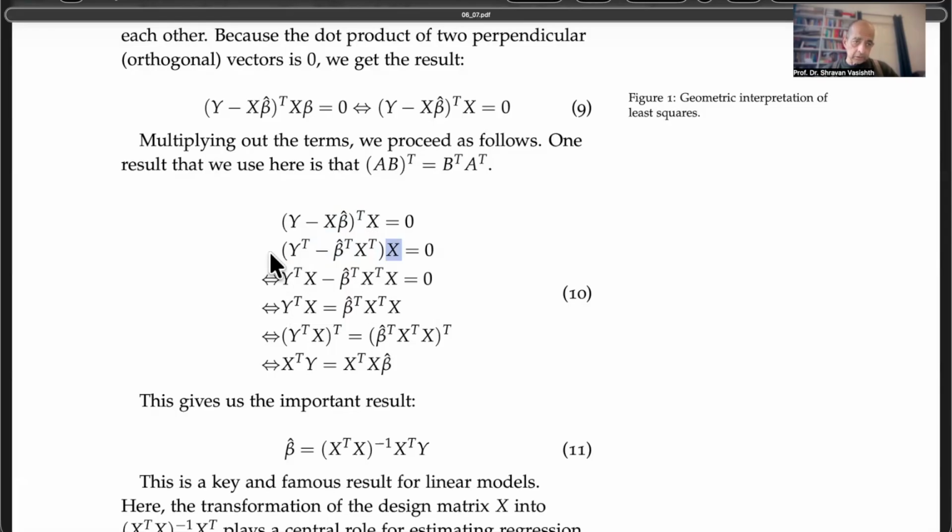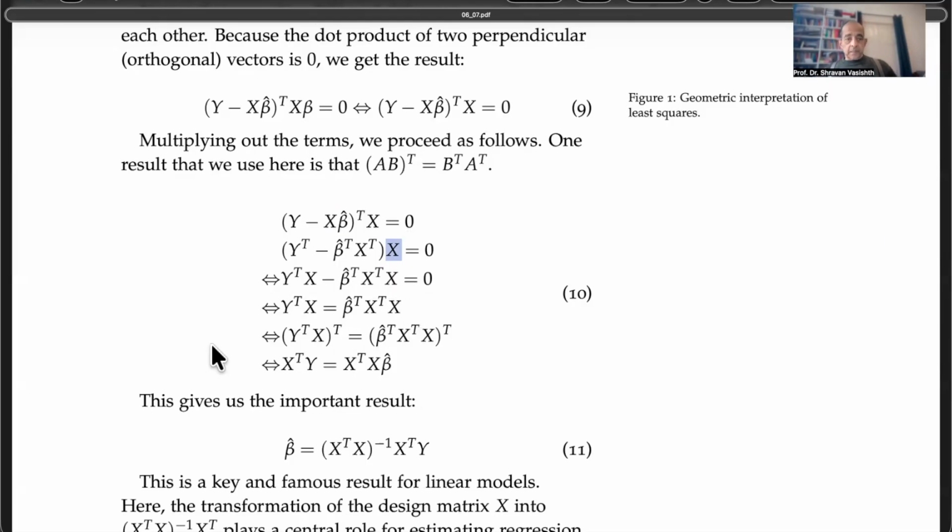So let's do that. When I open the brackets, I get y transposed x minus beta hat transposed x is equal to 0, which is the same thing as the next line because I'm adding beta hat transposed x to both sides. So I end up with y transposed x on the left hand side and beta hat transposed x on the right hand side.